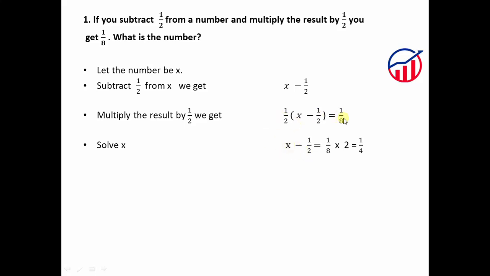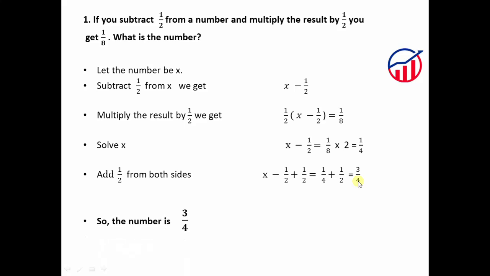The 2 goes to the other side, so 1/8 multiplied by 2 is 1/4. So x minus half is equal to 1/4. Adding half on both sides, the halves cancel each other, and a quarter plus half is 3/4. So your answer is 3/4.